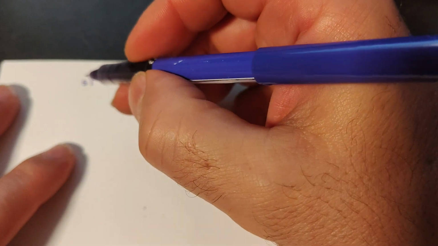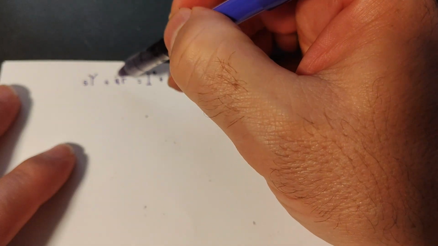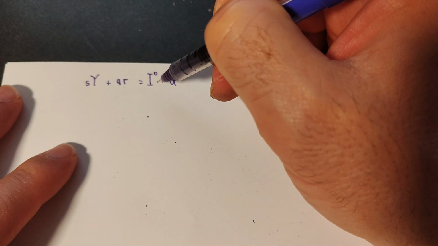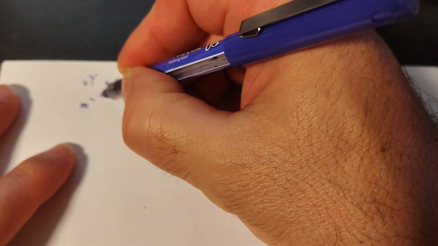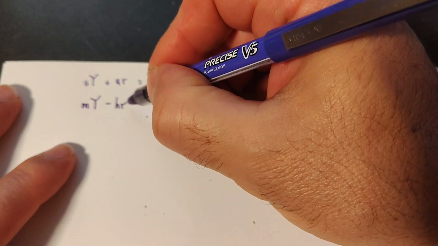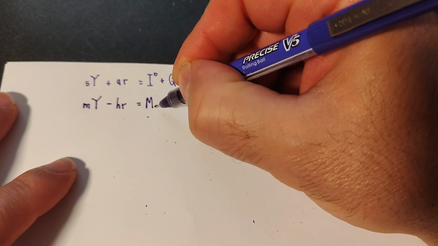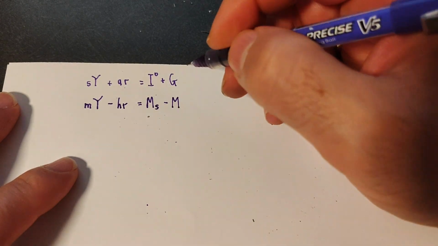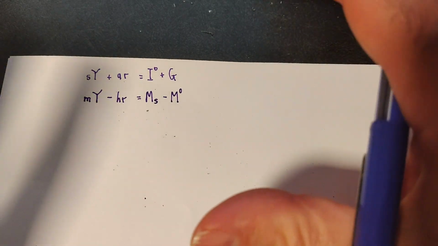And so again, this is just going to be our demand correspondence here for this model. And then here, this is going to be the money market, so it's going to be M times Y minus H times R is going to be equal to the money supply, MS, minus the initial or autonomous supply of credit or money.